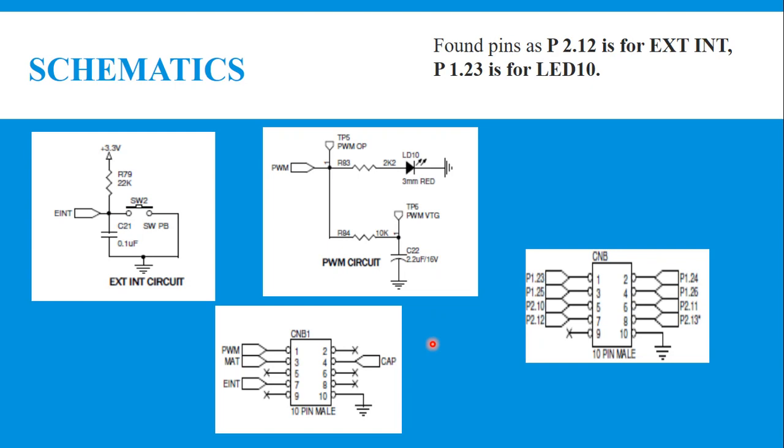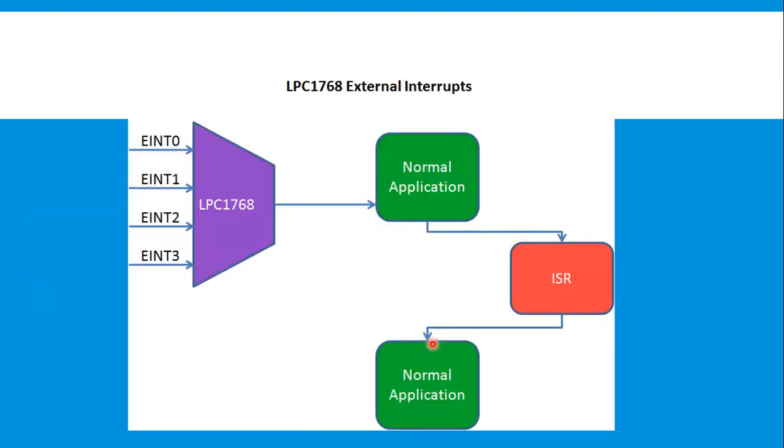Now I'll explain that the LPC1768 accepts 4 different external interrupts, namely EINT0 to EINT3. What is meant by an interrupt? If any interrupt among these occurs while the LPC1768 is in normal application execution, it will be redirected to the ISR, the interrupt service routine, by the vector table.